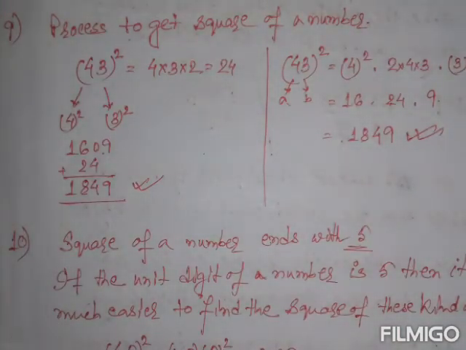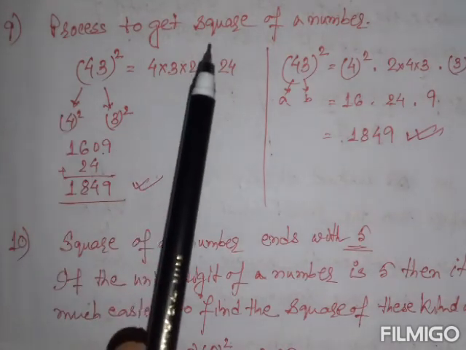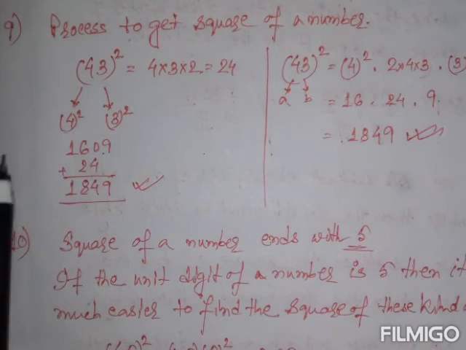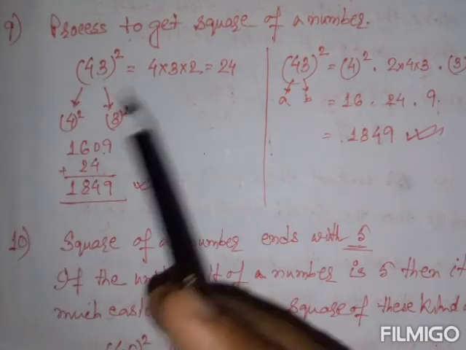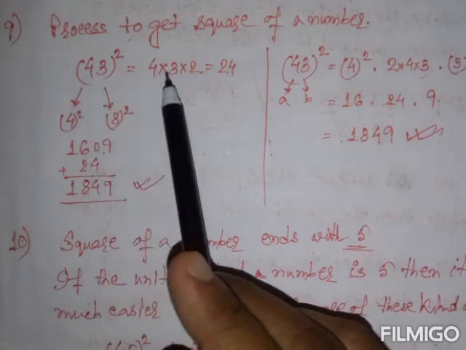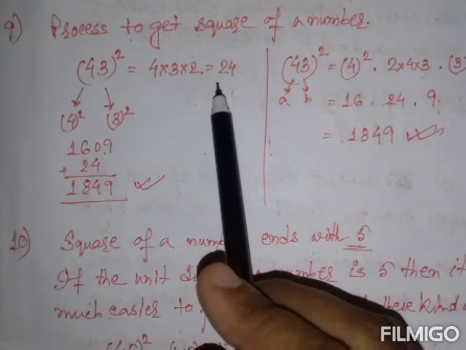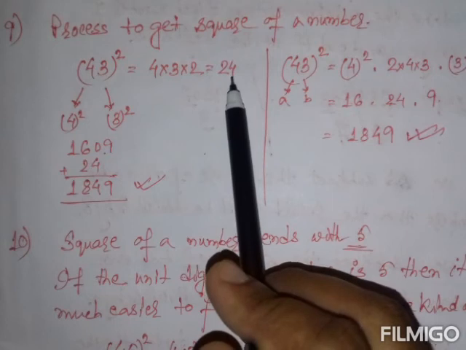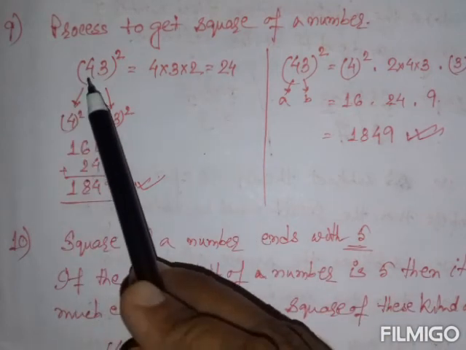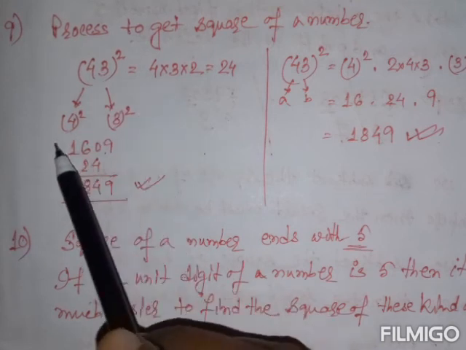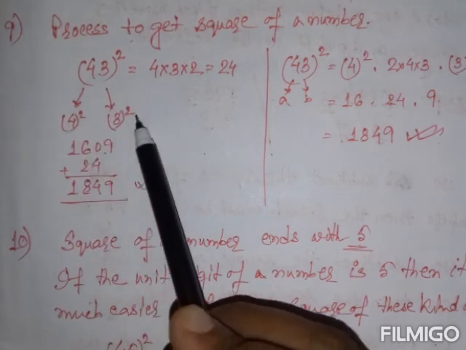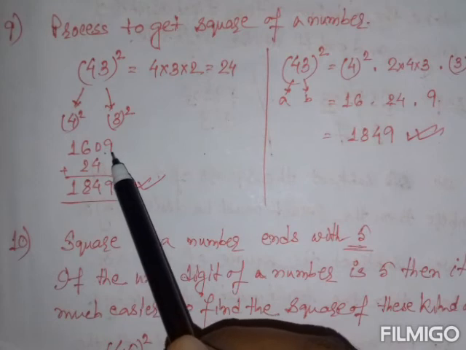Now number 9. It is a very interesting process to get the square of a number. Now 43 whole square. How can we solve that? 4 into 3 into 2 is equal to 24. Now we write 4 square and 3 square. 4 square means 16 and for 3 square we have to write 09 instead of 9.